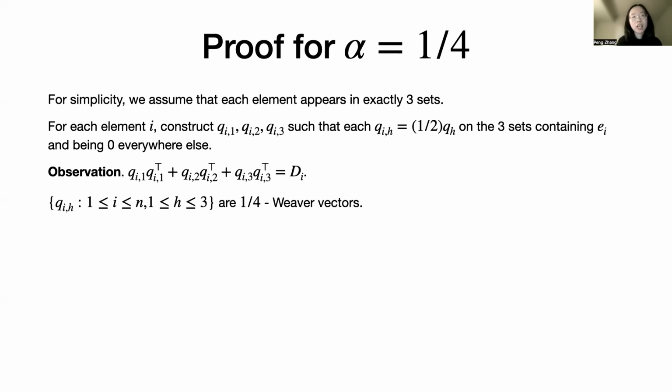For each element i, we construct 3 vectors, q_i1, q_i2, and q_i3. For each q_ih, we set the 3 coordinates that correspond to the 3 sets containing element i to be half times q_h, and we set all the other coordinates to be 0.